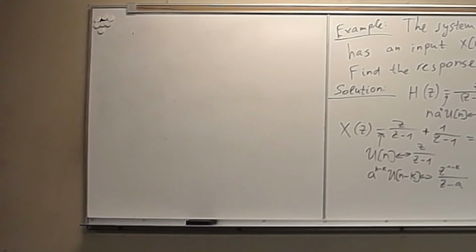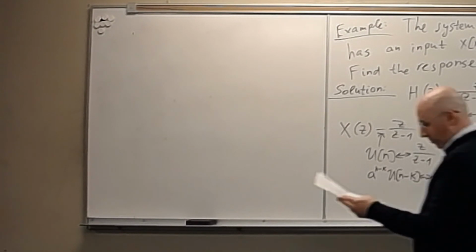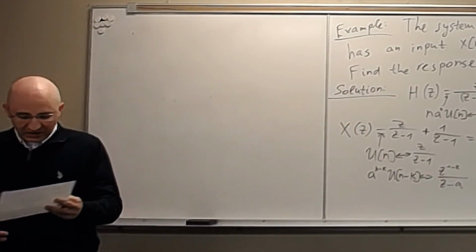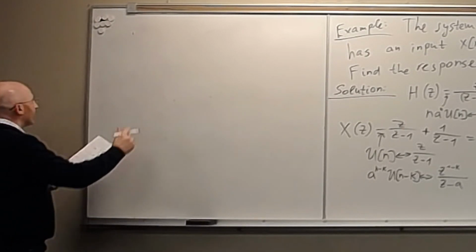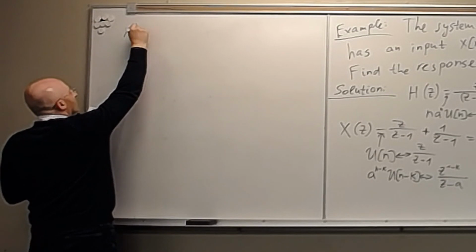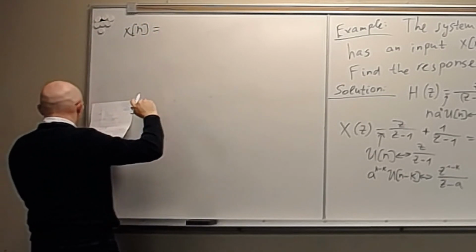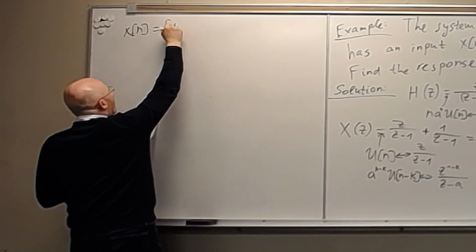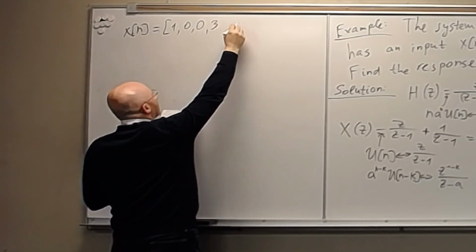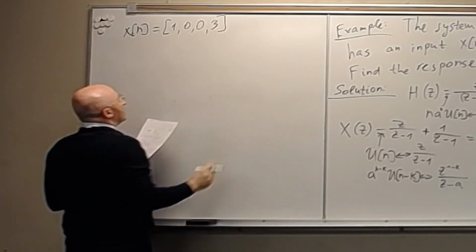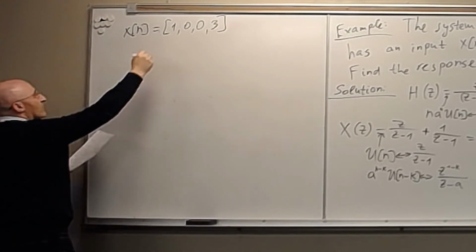Let's try something else. A different kind of question where you have x of n given as a sequence. You have x of n equals 1, 0, 0, 3, and everything else is 0.